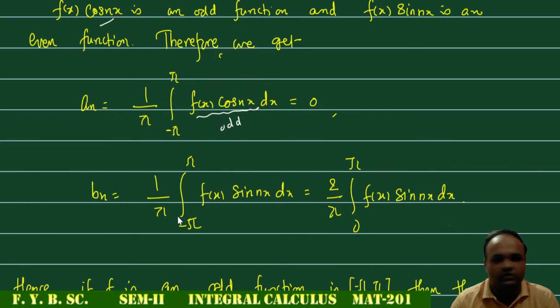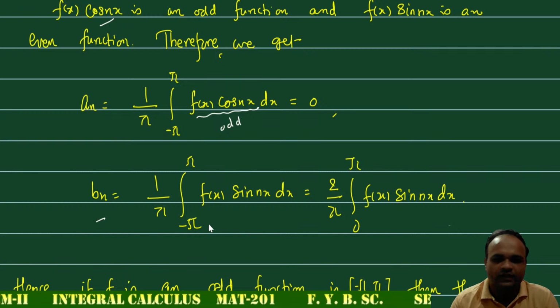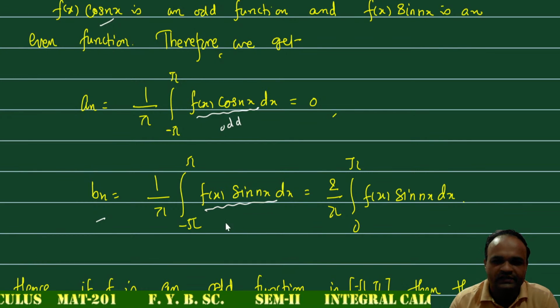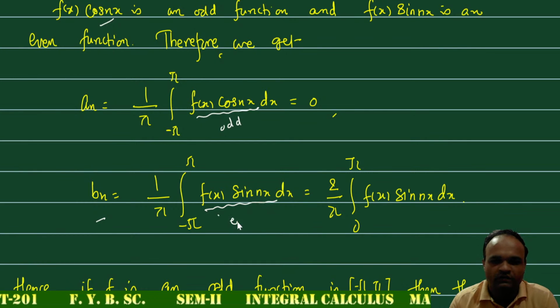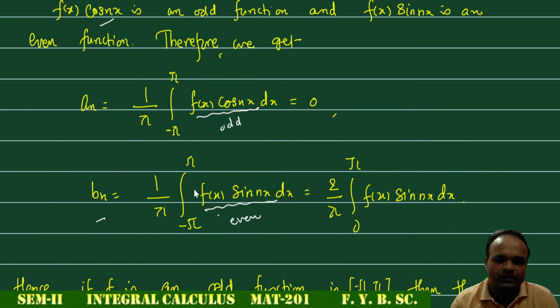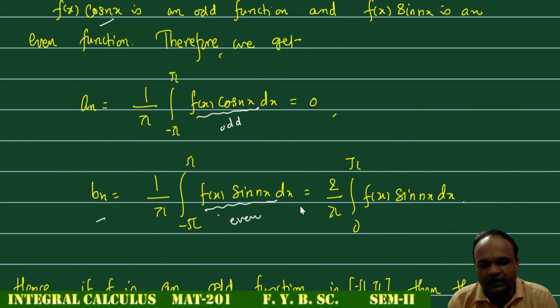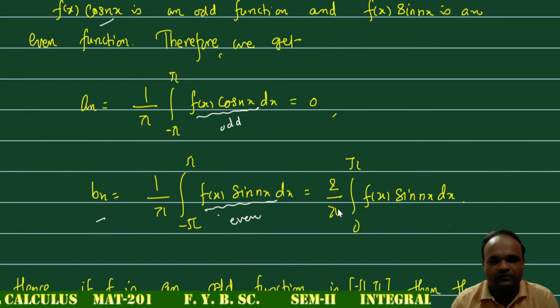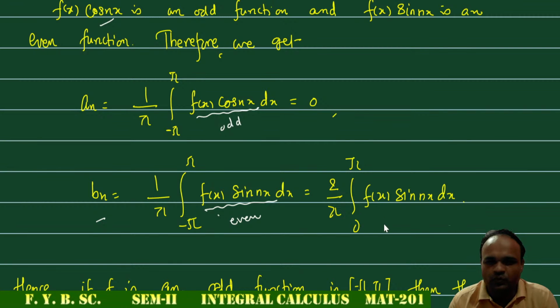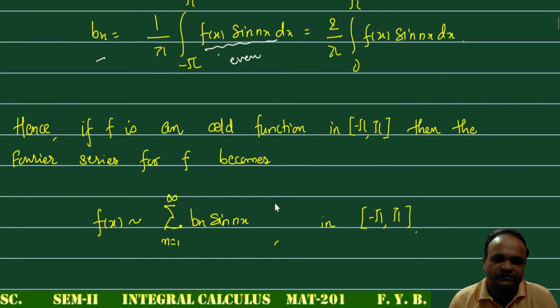And what is bn? In that case bn will be 1 upon pi integration from minus pi to pi f(x) into sin nx, so odd into odd, that will be an even function. And already we have seen this result, that integration from minus pi to pi of an even function will be 2 times this integration, that is 2 upon pi integration from 0 to pi f(x) sin nx dx.